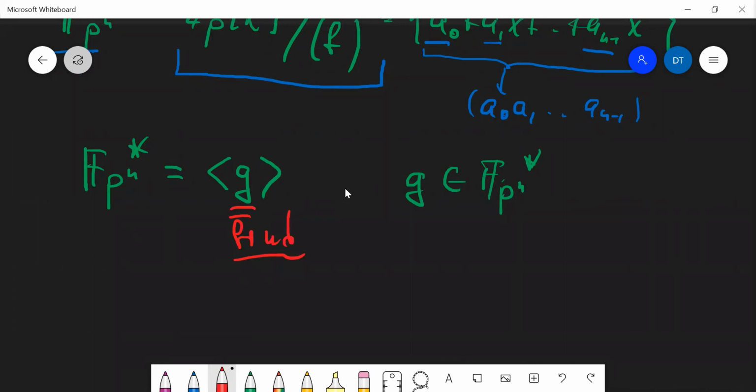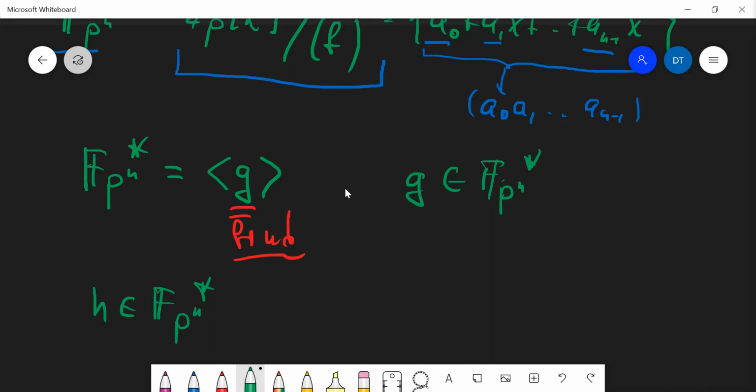And it may happen that the element x is a generator. But it may happen that x is not a generator, and we need to take something else. But we need to find this element only once. And then we take an arbitrary polynomial h here.